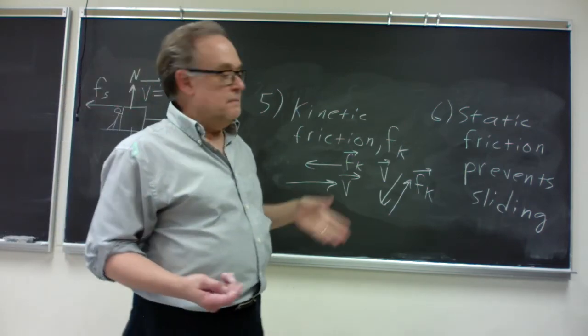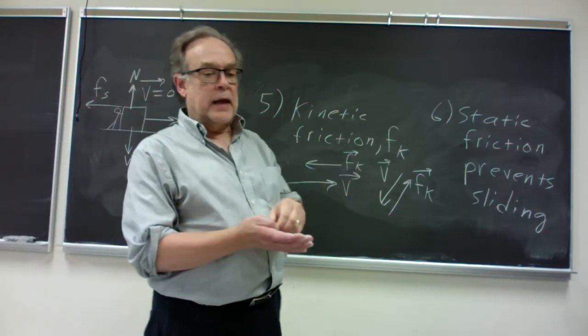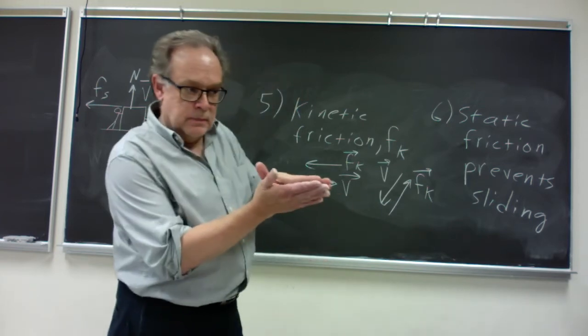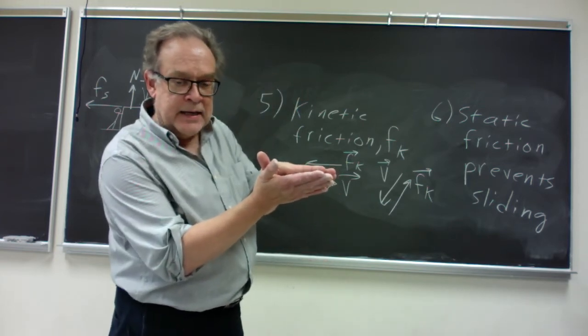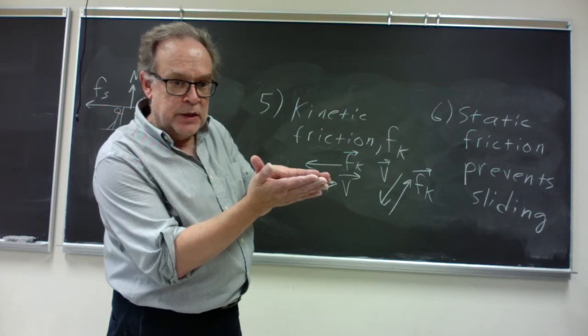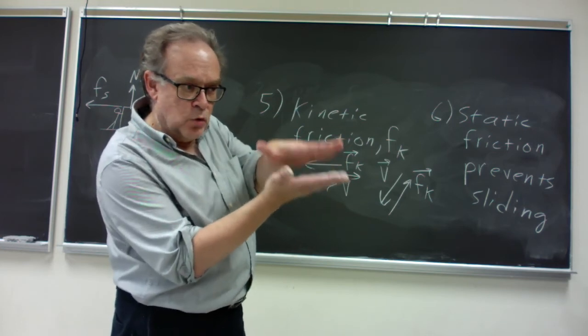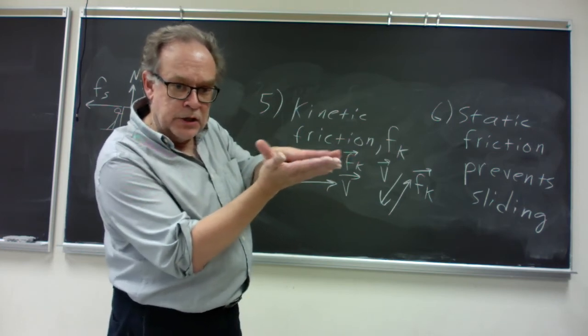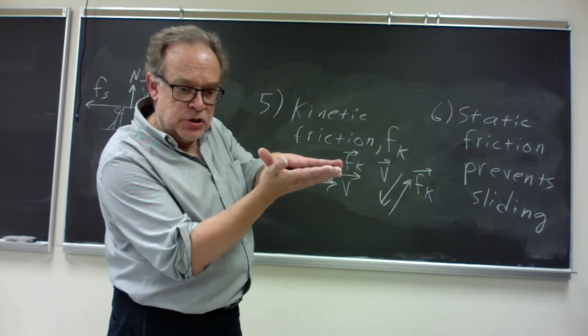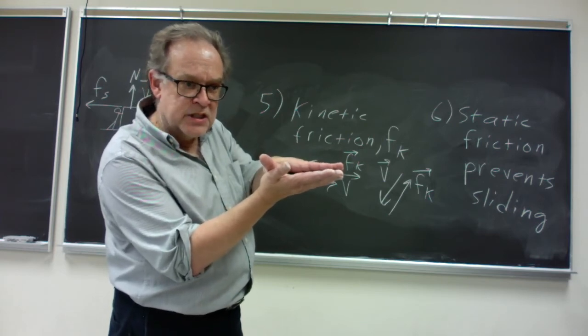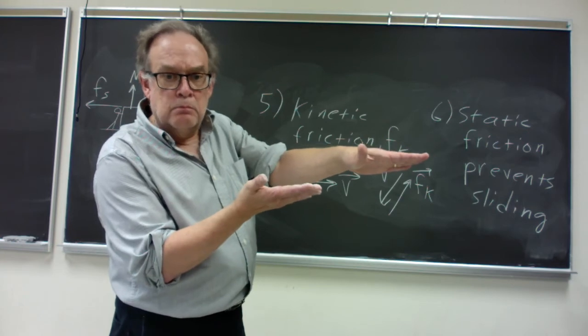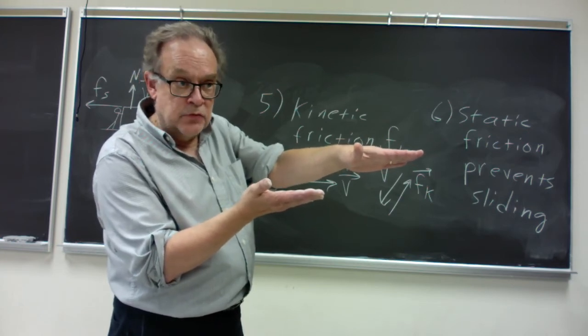Static friction force and kinetic friction force both happen because there are little adhesive forces between the molecules on one surface and the molecules on the other surface. So in order to get motion started, you have to break some of those adhesive forces.